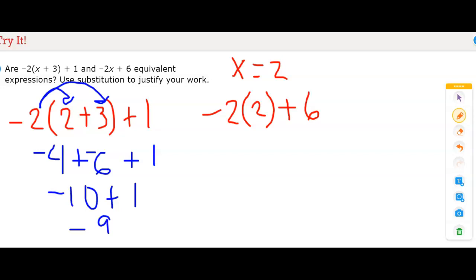And then over here, negative 2 times 2 is negative 4 plus 6. Negative 4 plus 6 would be 2, and it's positive 2 because the positive 6 is greater than that negative 4. So with solving each one with a value for x, we see clearly that they are not equivalent because they don't give us the same value for the expression.